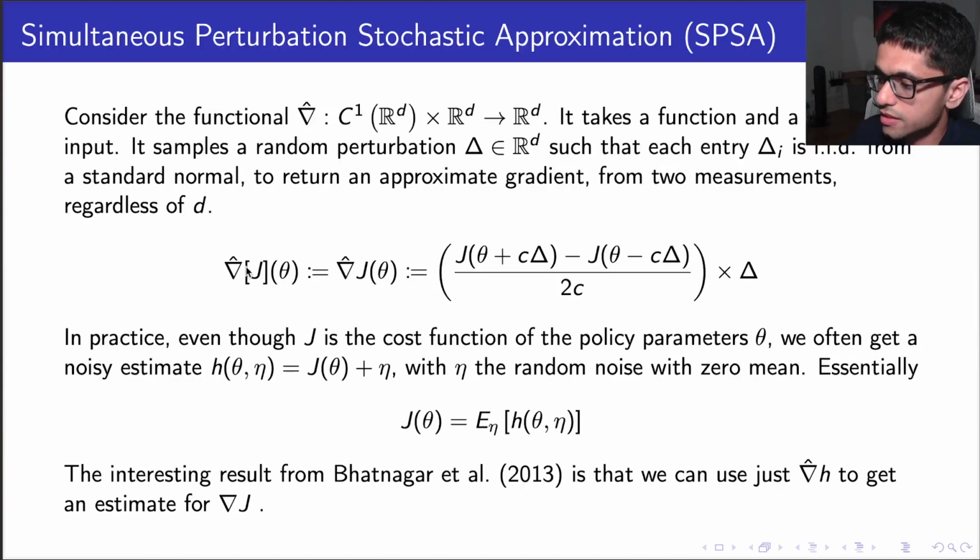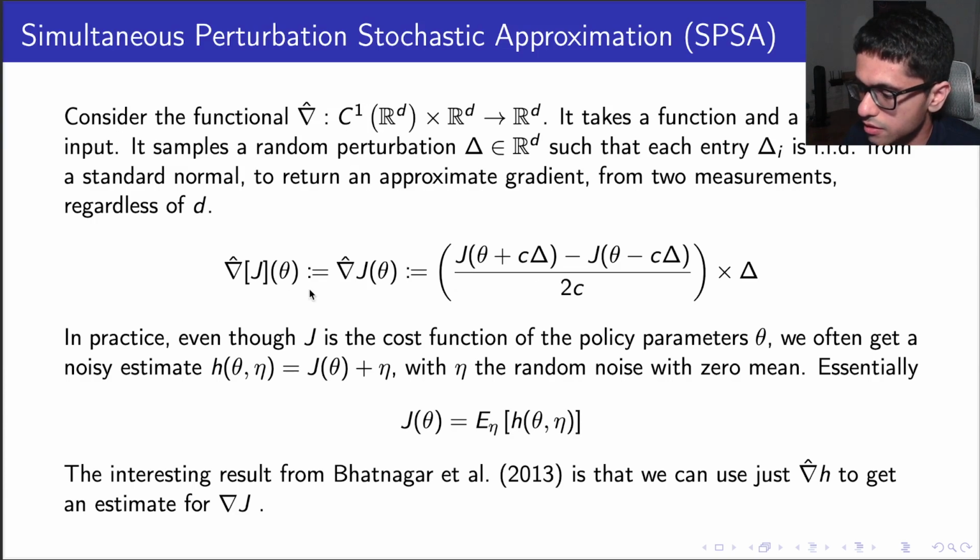So what is this SPSA, simultaneous perturbation stochastic approximation really? For this, you just consider a functional, call it grad hat, that takes in a C1 function as the first argument and a d-dimensional point as the second. The task of this is to estimate grad J. What it does is it samples a random perturbation in d dimensions from the standard Gaussian distribution, and it computes this quantity.